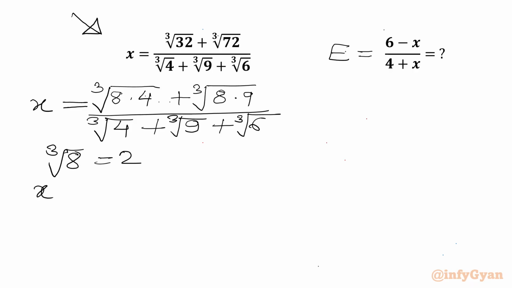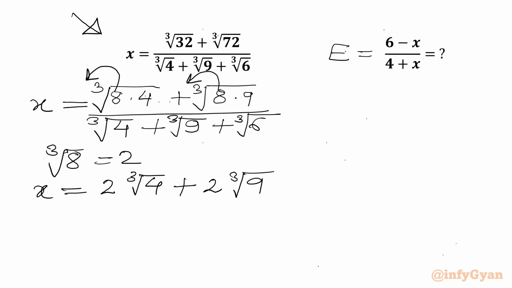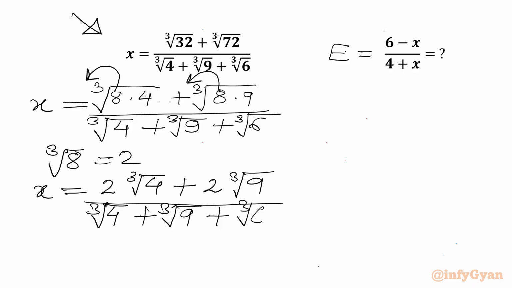So I can write x will be equal to 2 times cube root 4 plus 2 times cube root 9, over cube root 4 plus cube root 9 plus cube root 6.